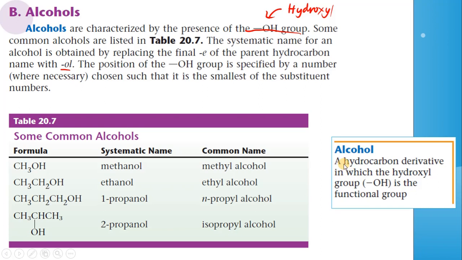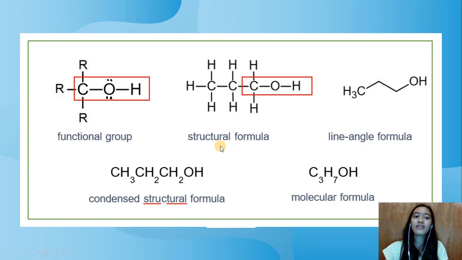To summarize, an alcohol is a hydrocarbon derivative in which the hydroxyl group OH is the functional group. It has a general formula of CnH2n+1OH. We can represent alcohols in different formulas.